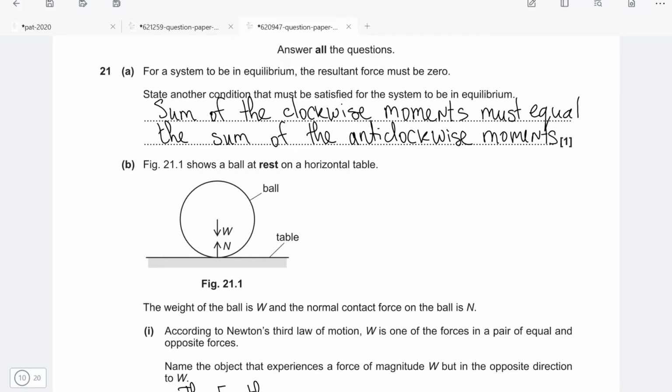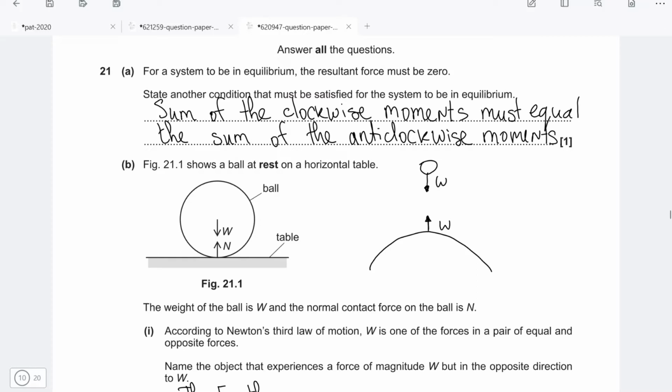Now let me give you a slightly different example in order to visualize it. Imagine that you have the Earth and then another object. It doesn't have to be this ball, it could be the moon, or any other massive object. The object will be attracted towards the Earth, it will be falling towards the Earth, and that force is expressed by the weight. Now the Earth will also experience a force of the same magnitude pointing in the opposite direction, equal to the weight.